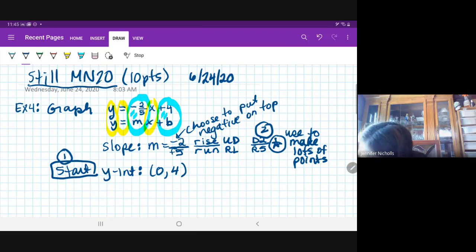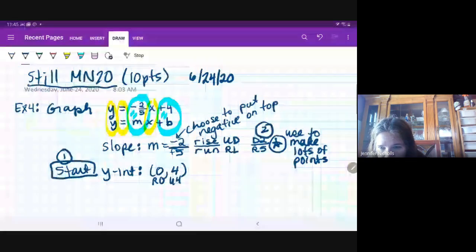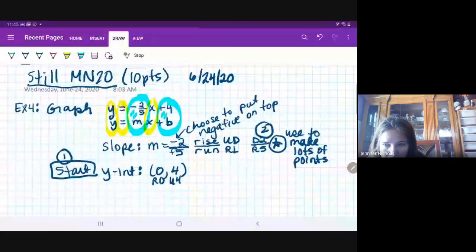Okay, so this is right 0, up 4. So when you're doing coordinates, you have to do right and left first. But when you do slope, you do up and down first. So it's a little confusing.